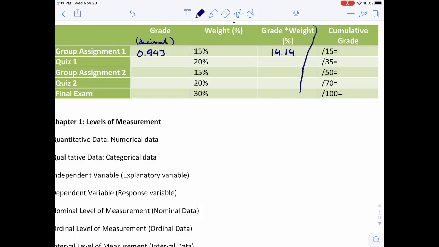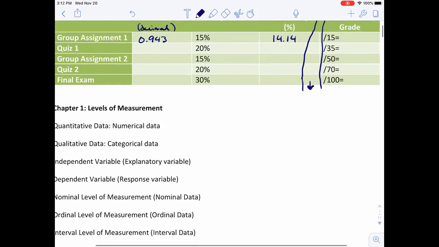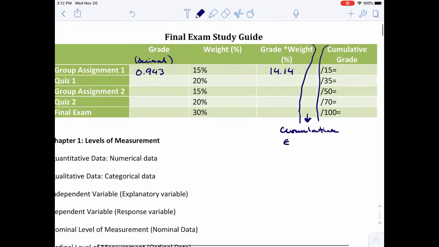There's no way to make Moodle do that? Moodle does it, but you should be able to check it to make sure that Moodle does what it's supposed to be doing. Here's my new column. For your cumulative grade times weight.